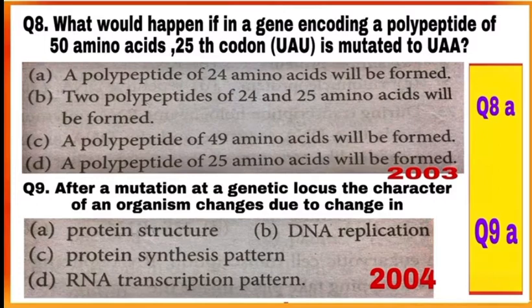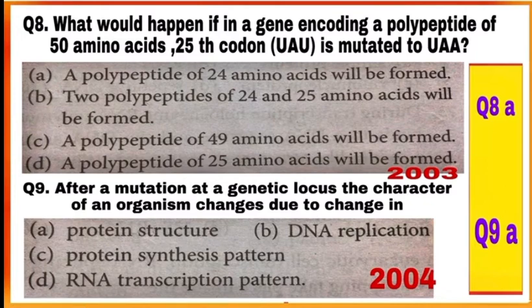Question number 8, what would happen if in a gene encoding a polypeptide of 50 amino acids, the 25th codon UAU is mutated to UAA?